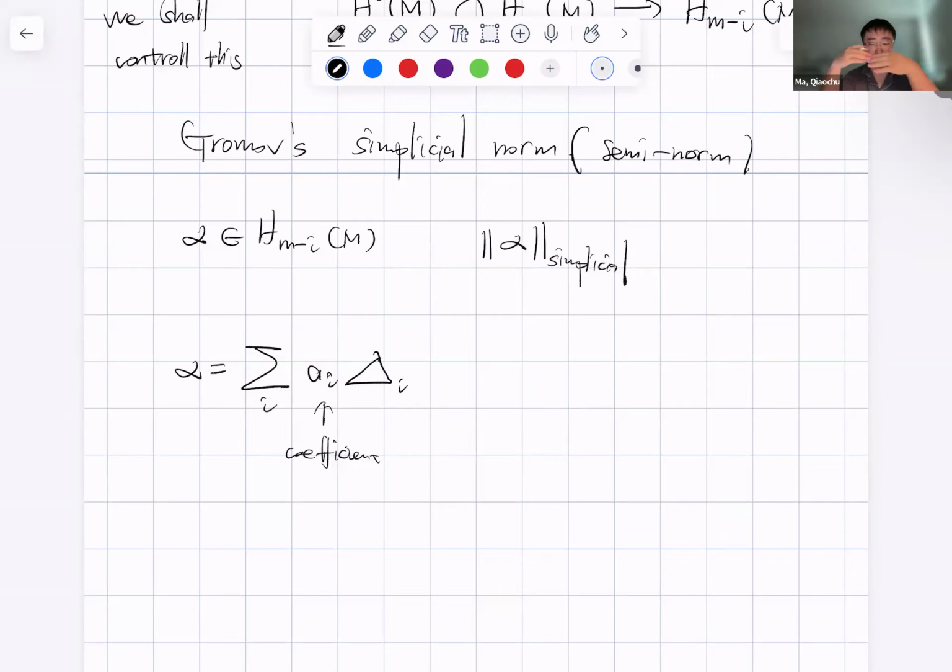So we can use some triangles to represent this homology class, and you have many ways to represent it. The simplicial norm is the infimum over all the representations.